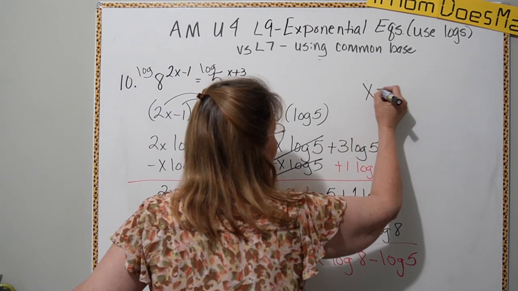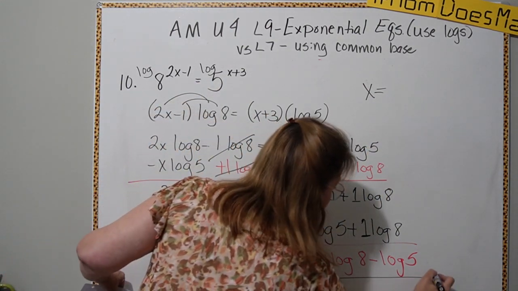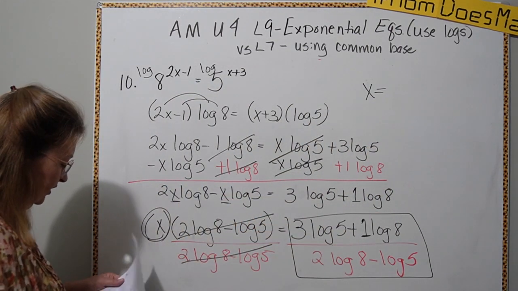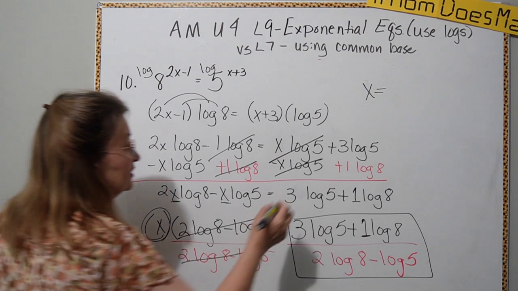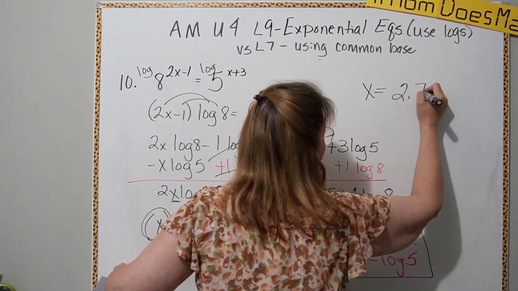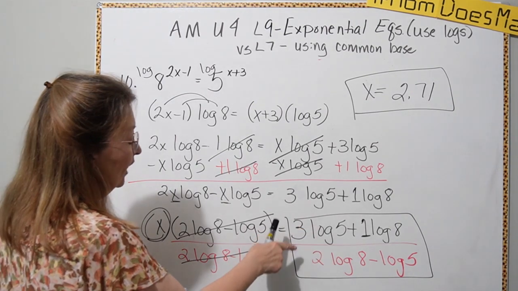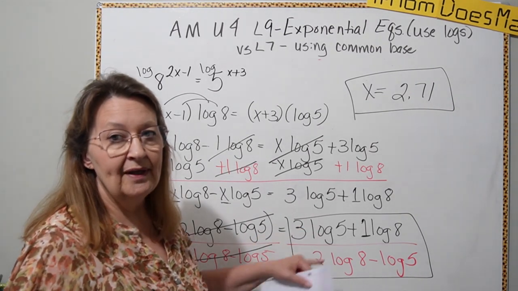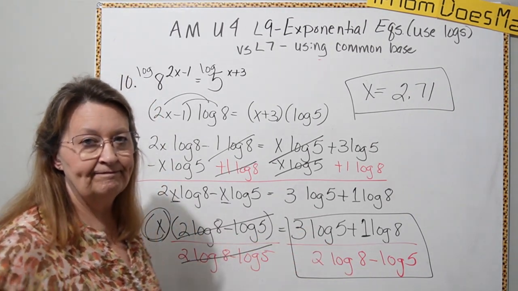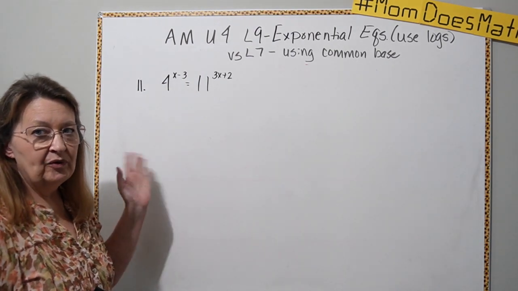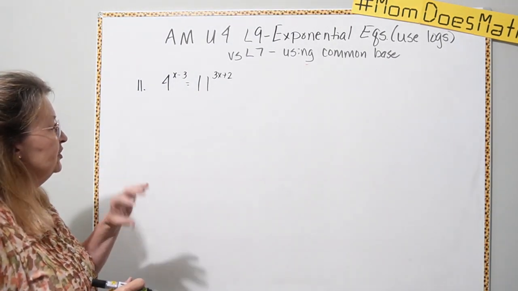X equals, all right, you're going to put this all in the calculator, and it is going to spit out the number 2.71. And once again, I want you to put that in the calculator and be sure that you can get that answer, okay?